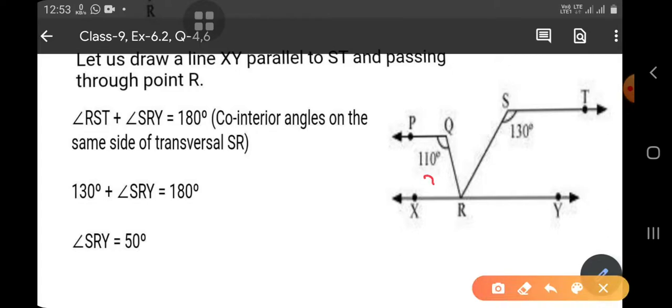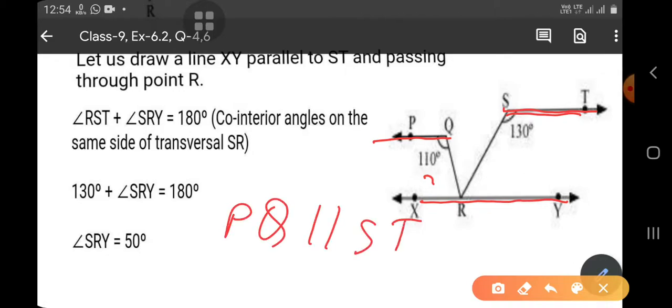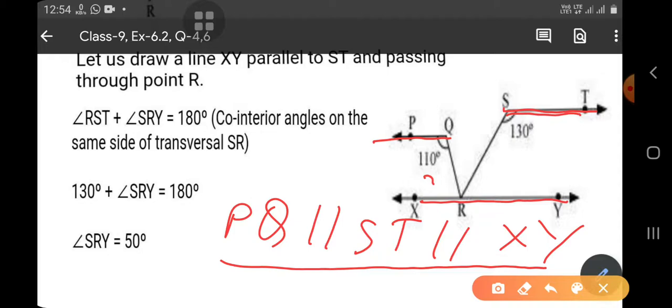It is given that the lines PQ and ST are parallel, and by construction the line XY is parallel to ST. It means that the line PQ is parallel to ST, which is parallel to XY. These three lines are parallel, so the line PQ and the line XY will be parallel to each other.